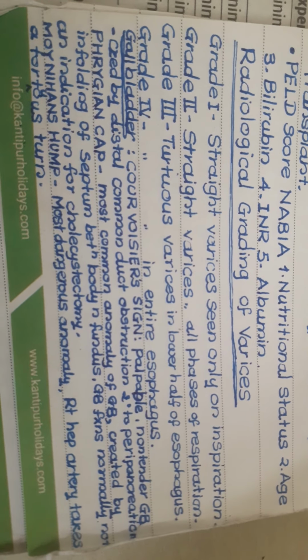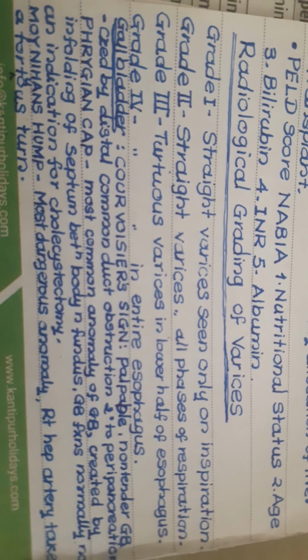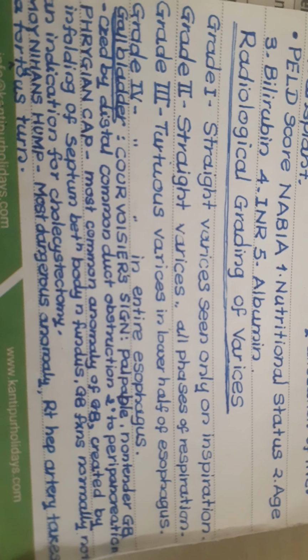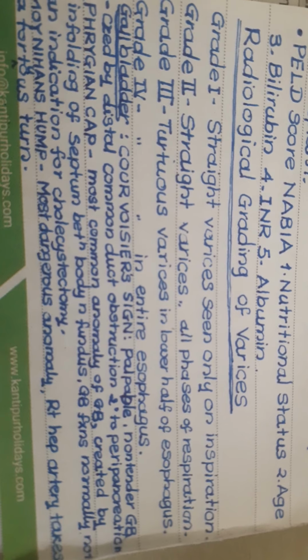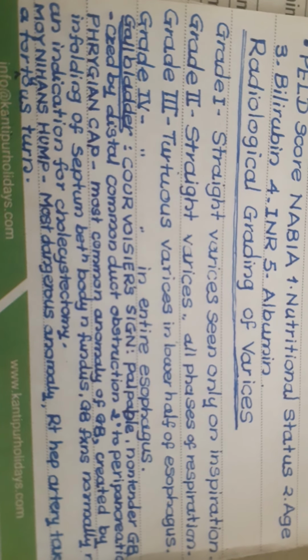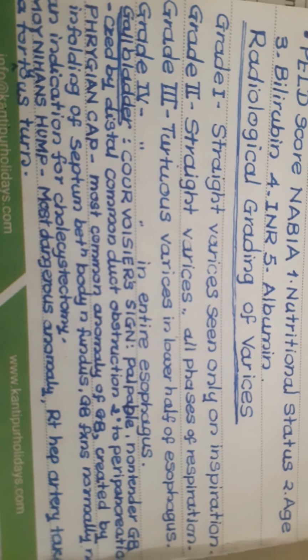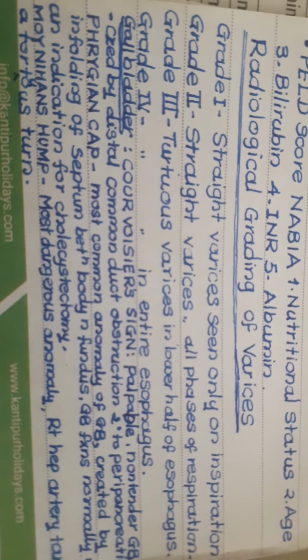Courvoisier's sign: a palpable, non-tender gallbladder caused by distal common duct obstruction secondary to periampullary or pancreatic cancer. Phrygian cap is the most common anomaly of the gallbladder, created by infolding of the septum between the body and fundus.